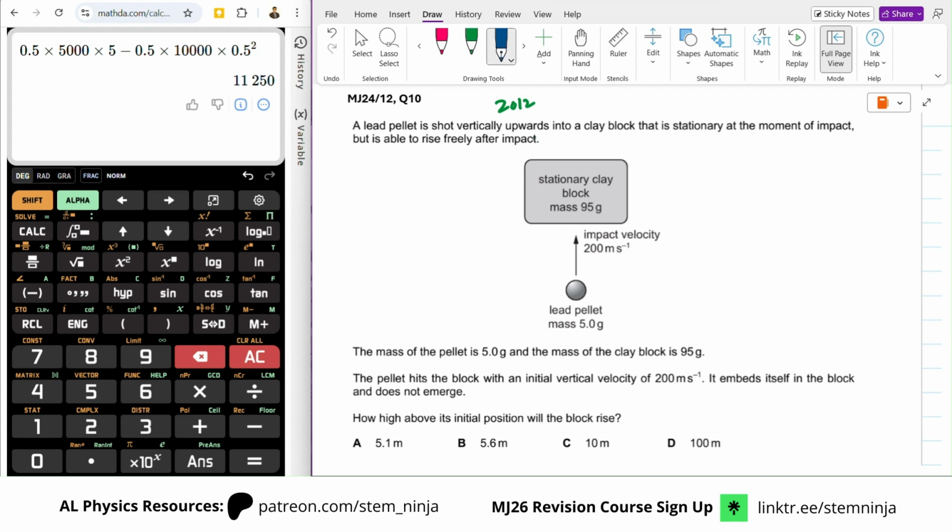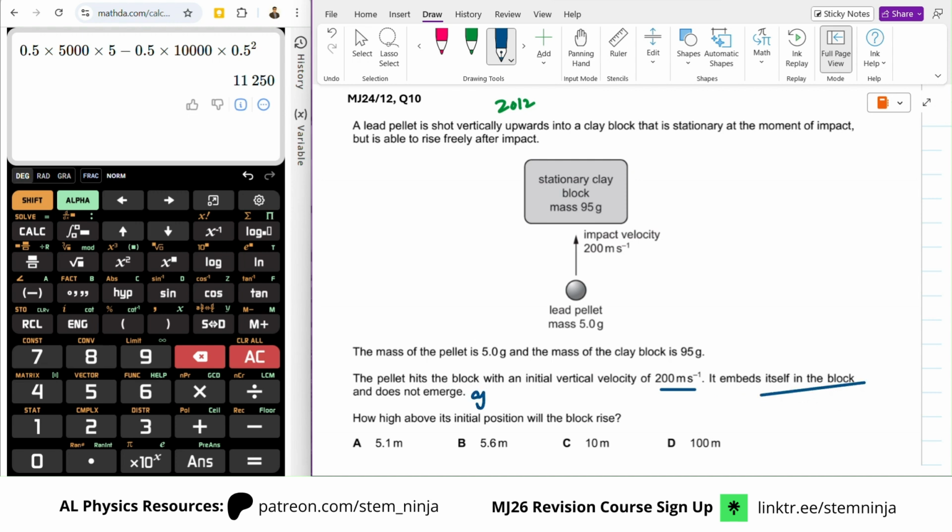A lead pellet is shot vertically upwards into a clay block that is stationary at the moment of impact, but is able to rise freely after the impact. The mass of the pellet is 5 grams and the mass of the clay block is 95 grams. The pellet hits the block with an initial velocity of 200 meters per second and it embeds itself in the block and does not emerge.